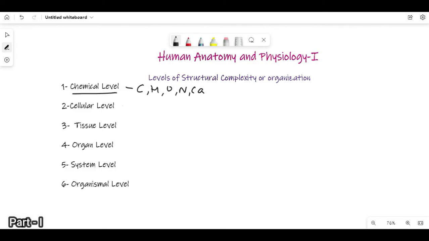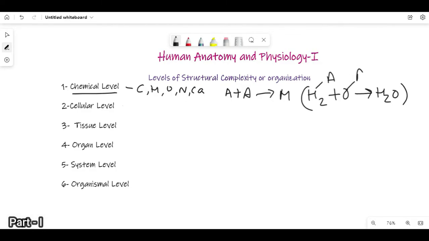For example, atom plus atom equals molecule, like H2 plus O is equal to H2O. H2 is atom, oxygen is atom, and H2O is a molecule. The second one is the cellular level.